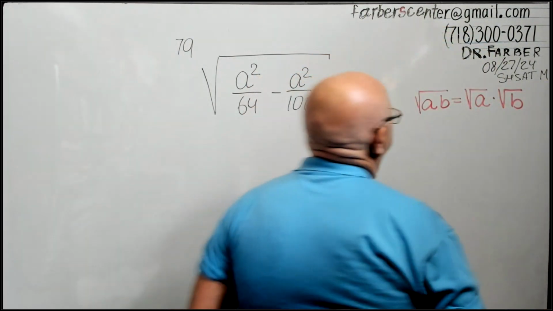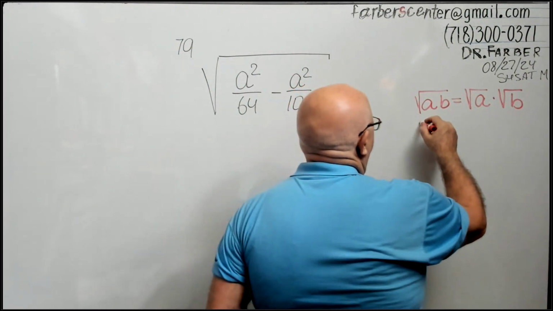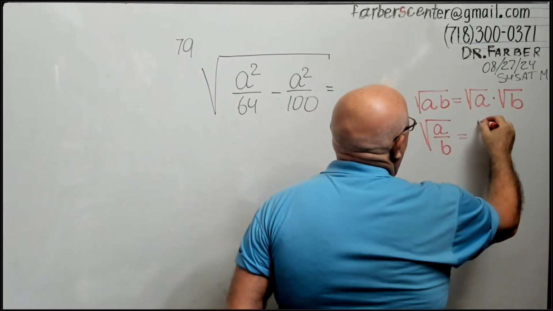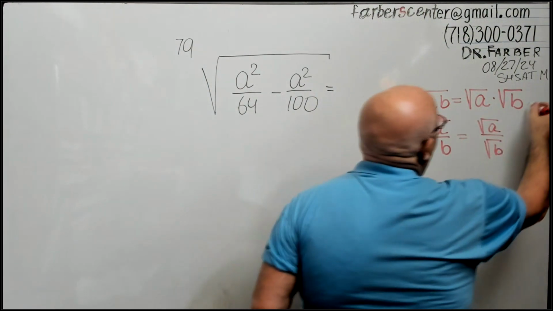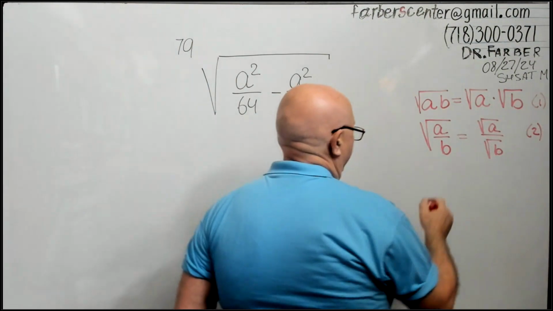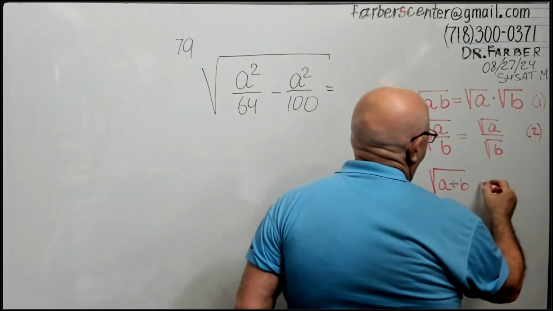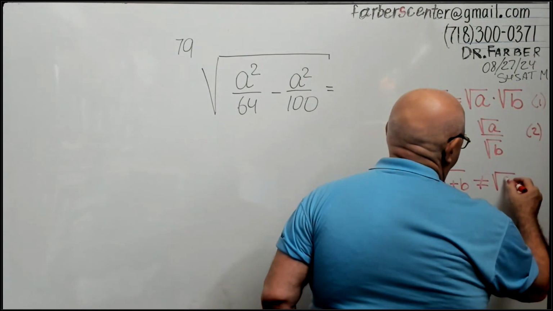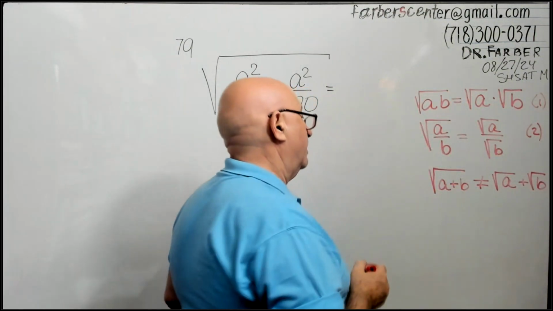For instance, it's self-explanatory, right? Square root of quotient equals quotient of square roots. This is 1, this is 2. Square root of sum never, ever, never equal to sum of square roots. Never. And we explain why when we have more time.